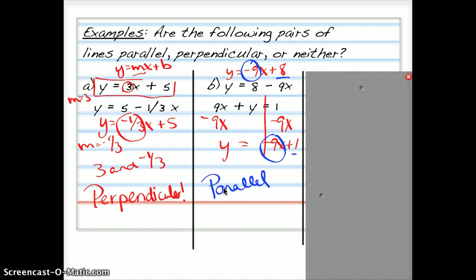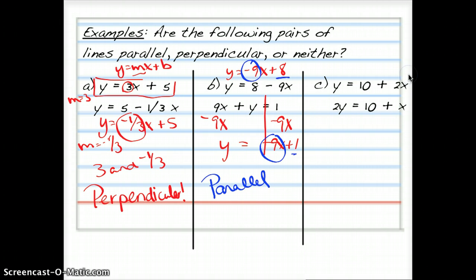Okay, and the last one of these, y equals 10 plus 2x, and 2y equals 10 plus x. So in the first one, I can rewrite it if I want, or I can probably just see that it's similar to y equals mx plus b. The 2 is multiplying the x. My slope is 2. The second one, I don't have y alone, so I'm going to divide both sides by 2.